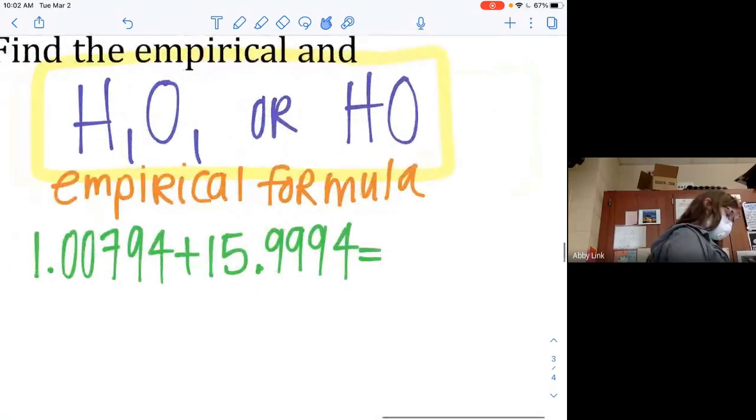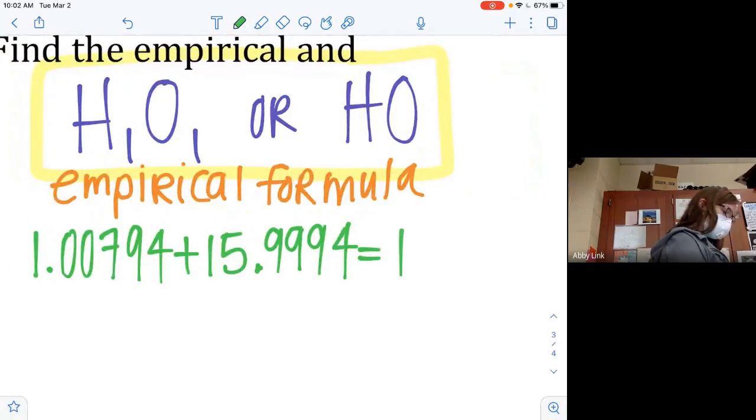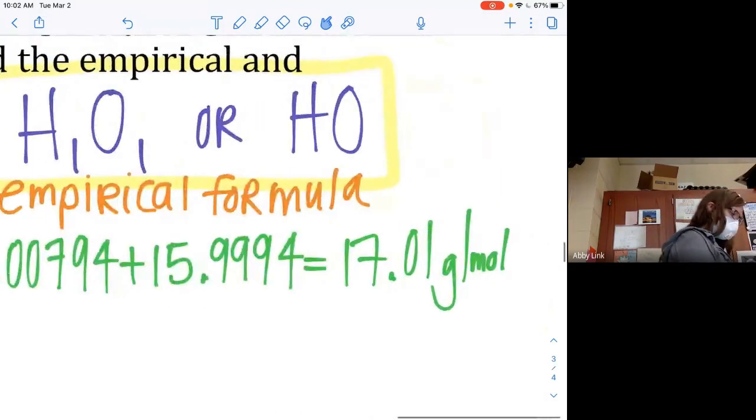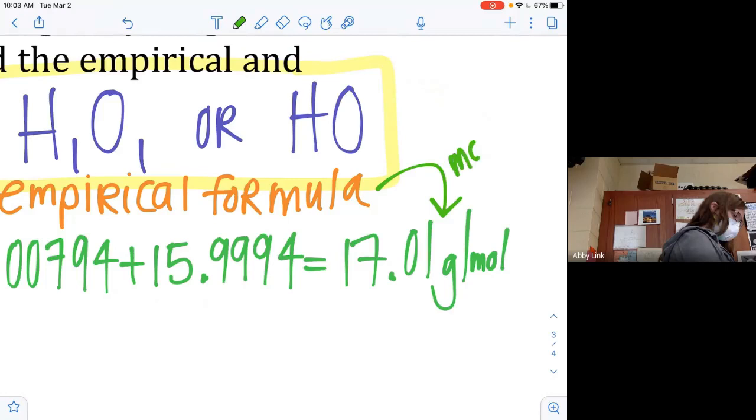When I add those together and round to 2 decimal places, I get 17.01 grams per mole. All right, so I can go ahead and draw a little line here and label that.